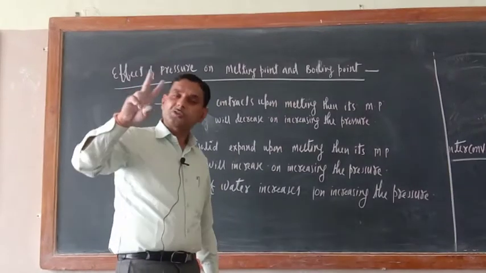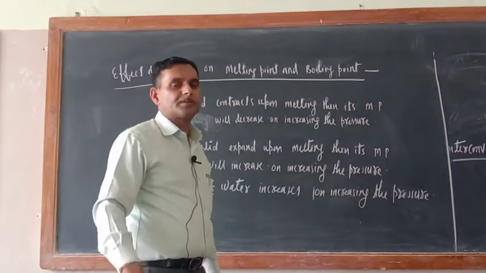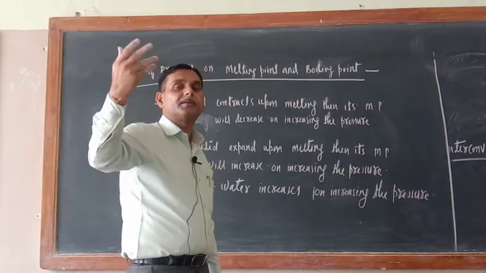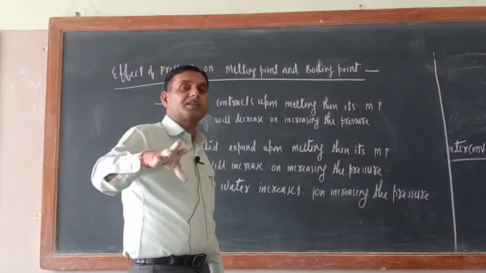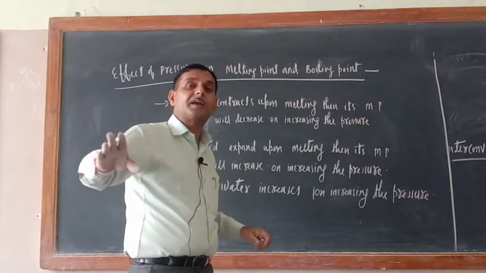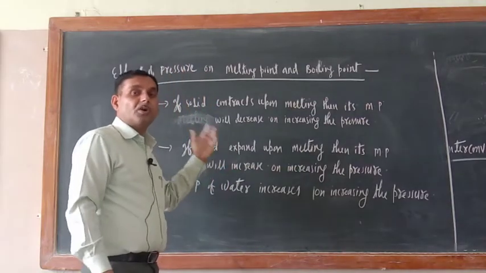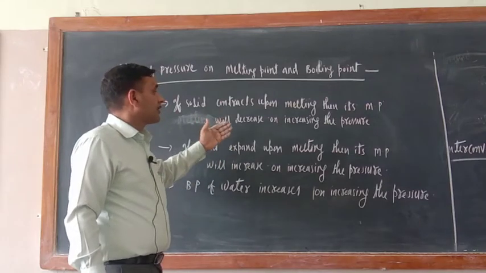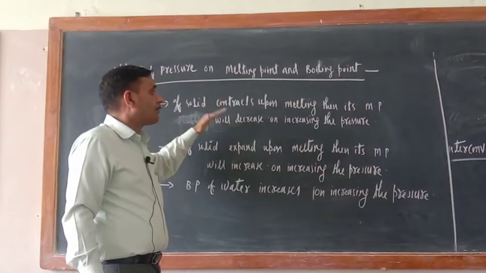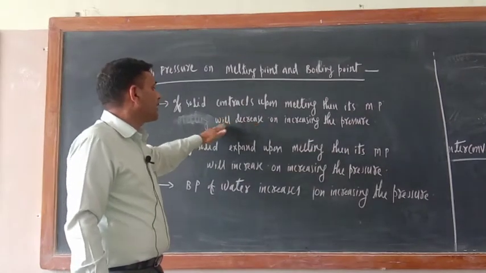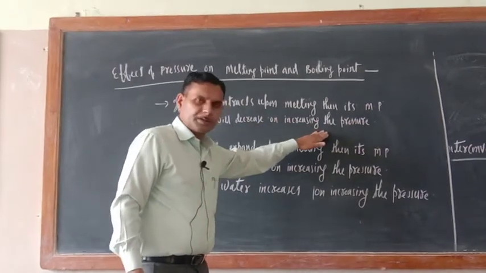So basically solids are of two types: one type which gets contracted upon melting, and another type which gets expanded upon melting. The solid which contracts upon melting, its melting point will decrease on increasing the pressure.